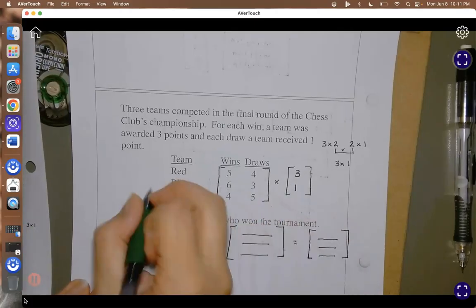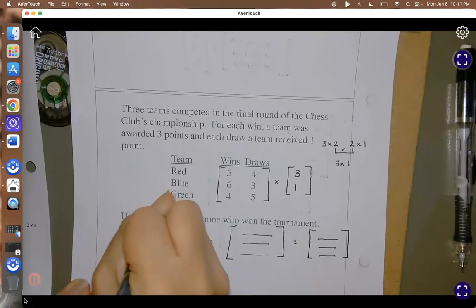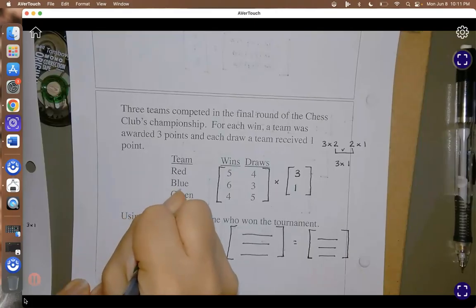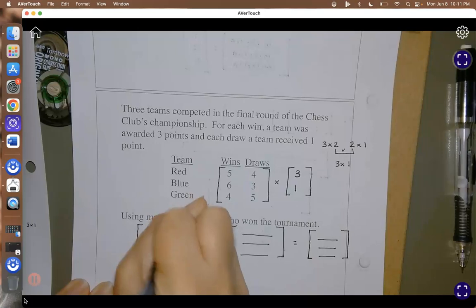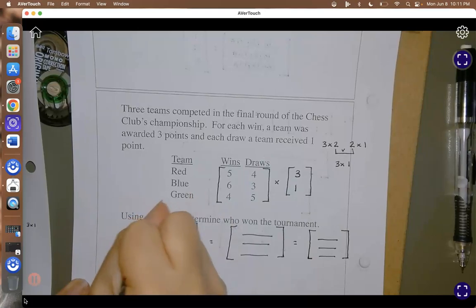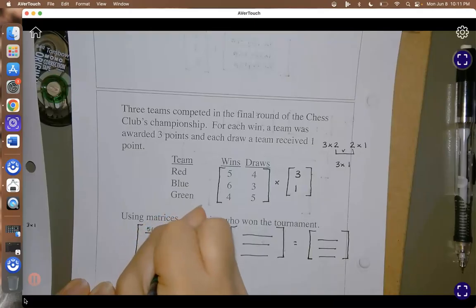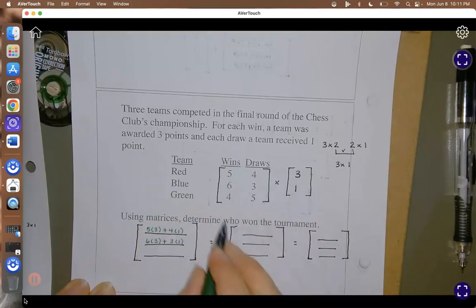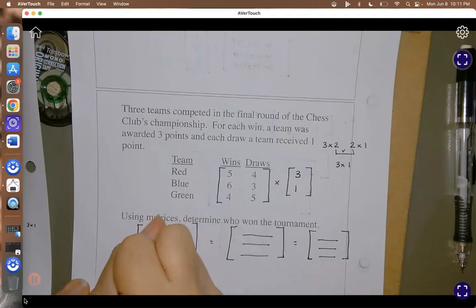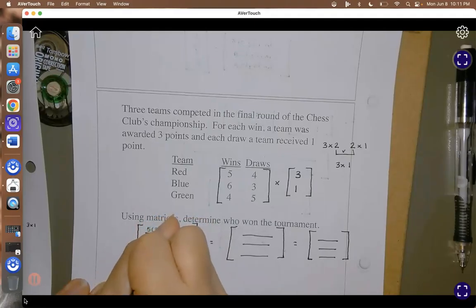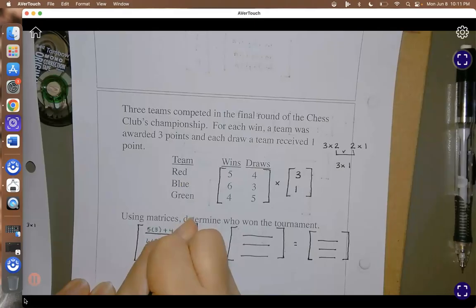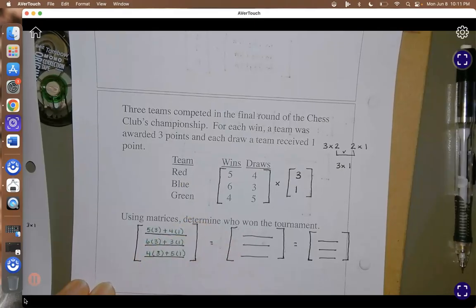Row 1 times column 1. So we have 5 times 3 plus 4 times 1. Then we do 6 times 3 plus 3 times 1, because that was the second one. And then we have the last one. 4 times 3 plus 5 times 1.